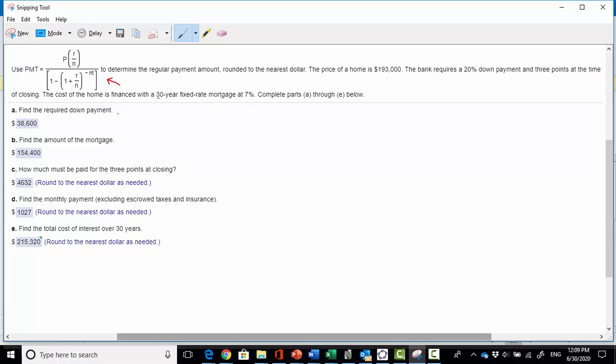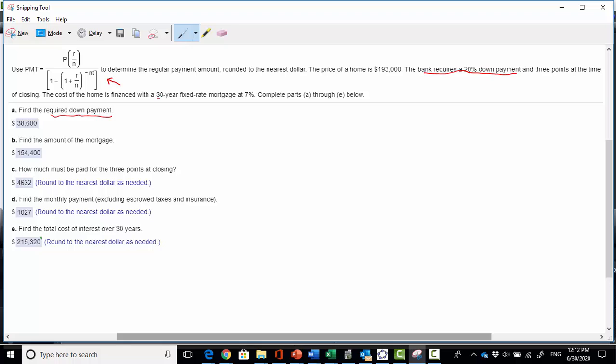So in part A, they want you to find the required down payment. The down payment is a lump sum payment made at the beginning of the purchase. The bank requires 20% down payment, and this 20% is 20% of the home price.